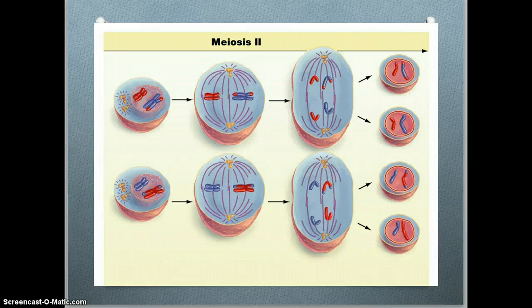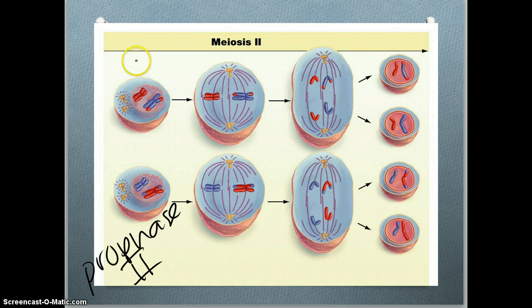Meiosis 2 is going to begin with those two haploid cells that we created. So this would be prophase 2, and this is a haploid cell.